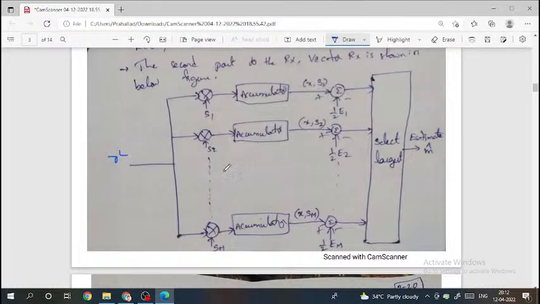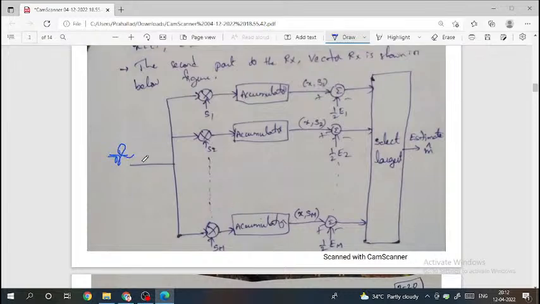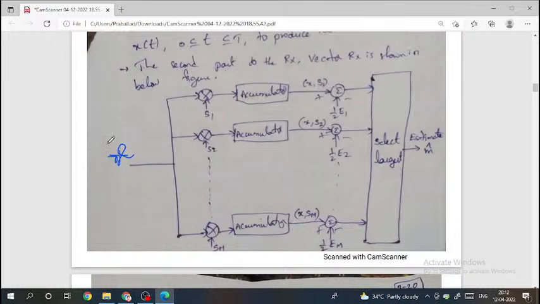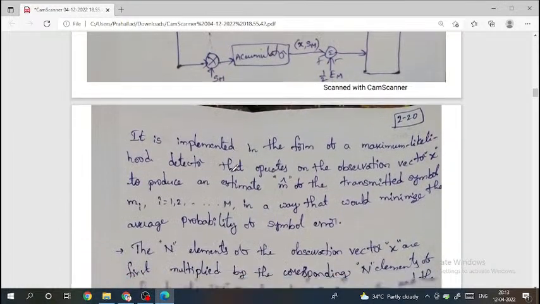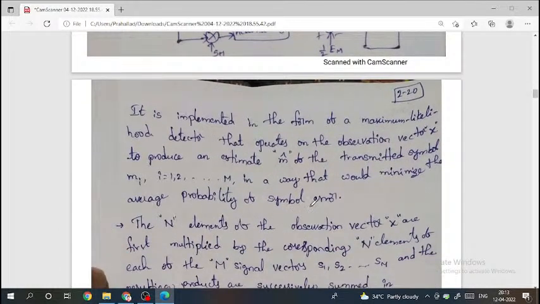It is implemented in the form of a maximum likelihood detector that operates on the observation vector x to produce an estimate m cap of the transmitted symbol mi, where small i varies from 1 to capital M, energy signals, in a way that minimizes the average probability of symbol error.